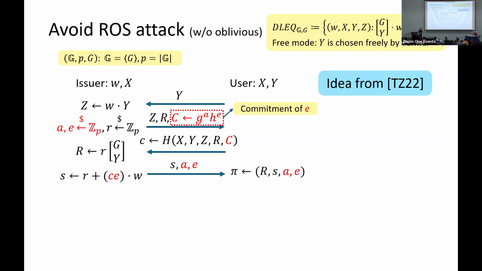Now, delving into the details of the proof, the core idea is that this multiplication by E breaks the linearity, which is crucial for the ROS attack.